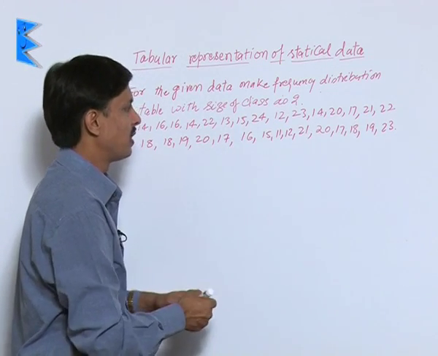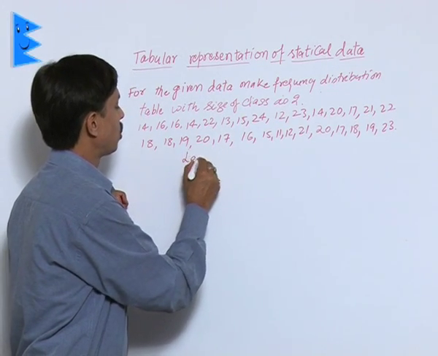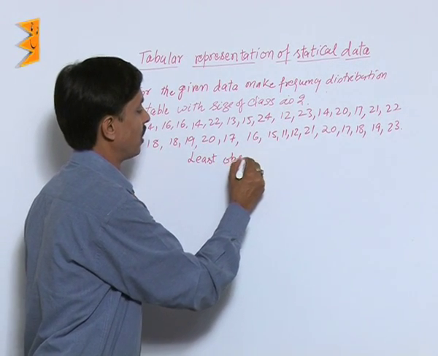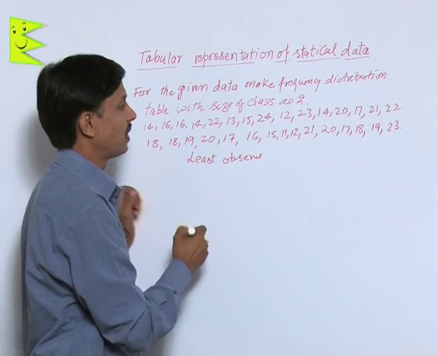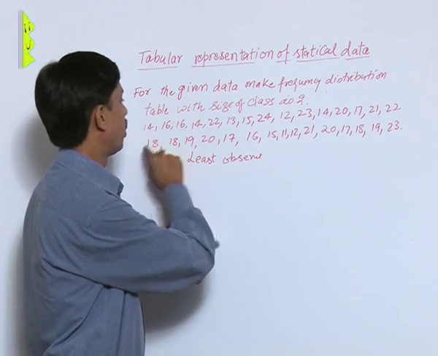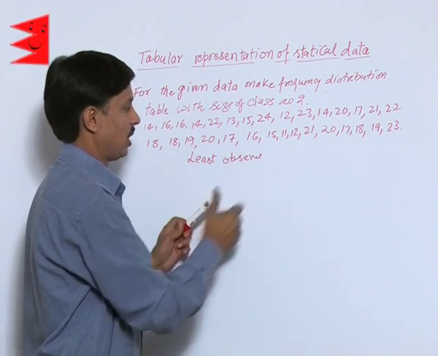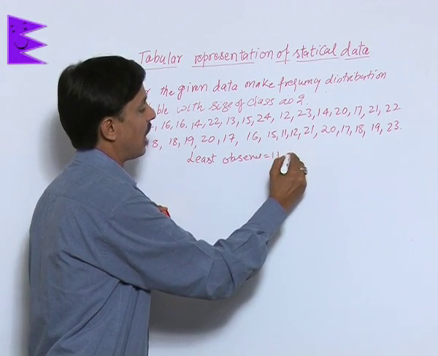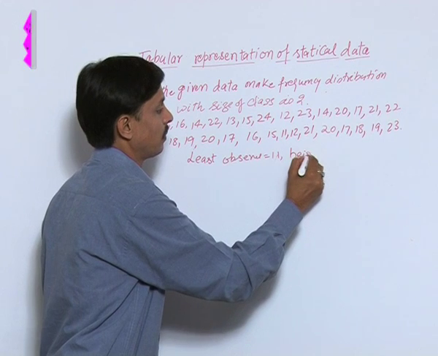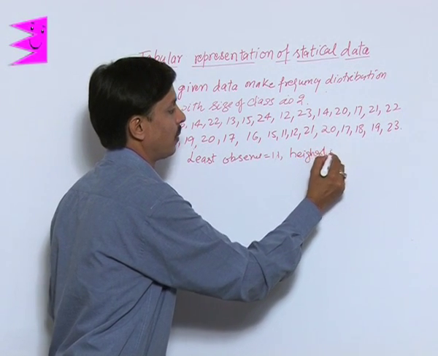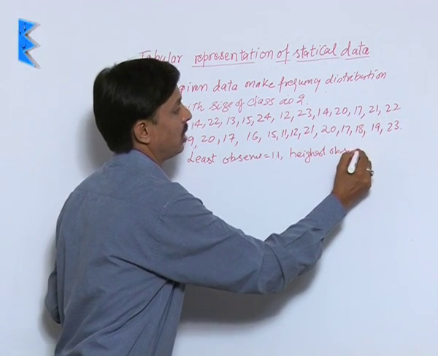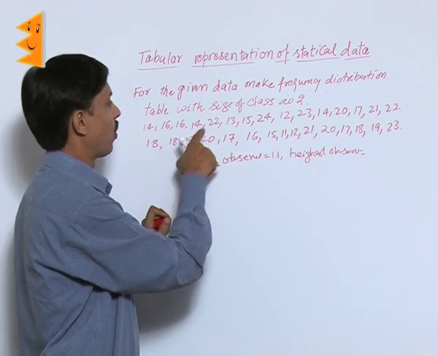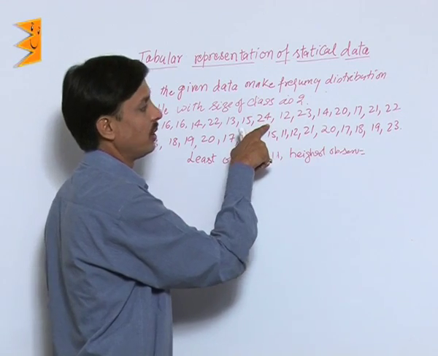What is the least observation here? The least observation means least marks. The least observation which I can observe is 11. And the highest observation, from the table, is 24.